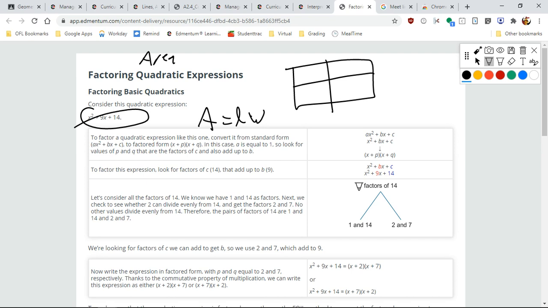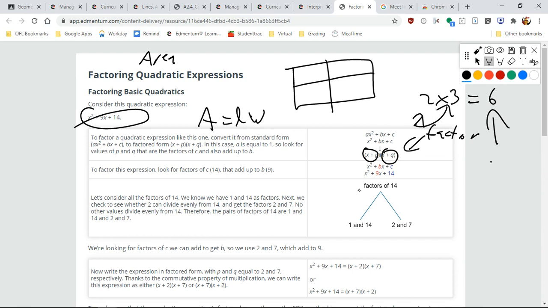When you're factoring, what it's really saying is something times something else. These are called factors. So for example, if I have the expression 2 times 3 is equal to 6, 2 and 3 are factors of 6. 6 is our product, and 2 and 3 are our factors.